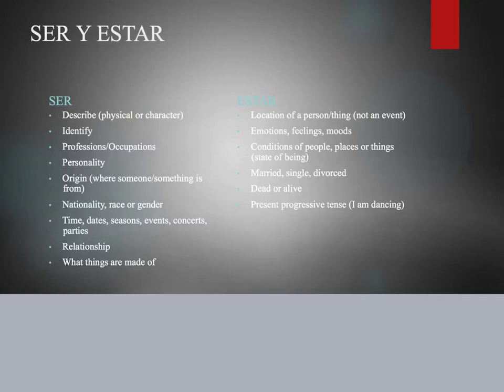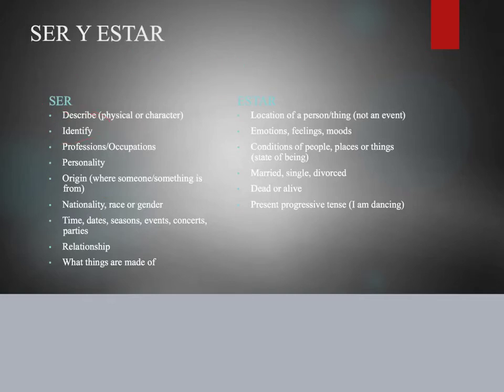Basically, a good way to think of this is anytime that you want to identify someone or something as a certain thing, you're going to use the verb ser. So if I want to identify as a certain race or ethnicity, yo soy mexicana. Here I use ser to identify myself as that.